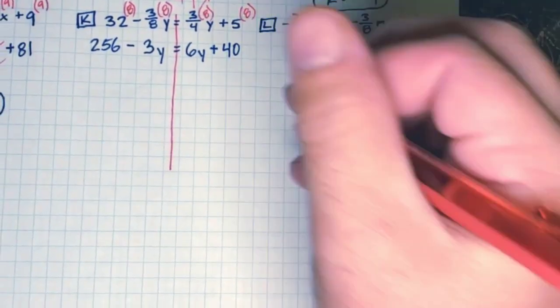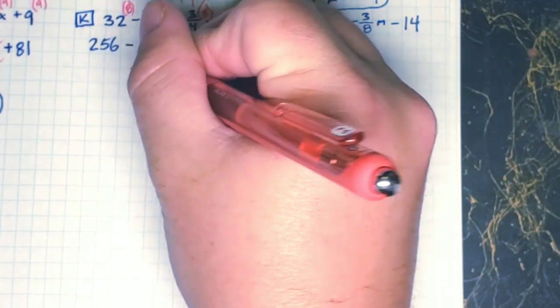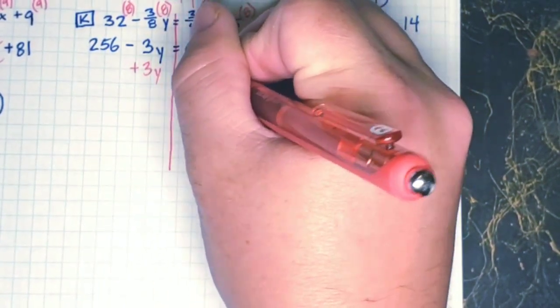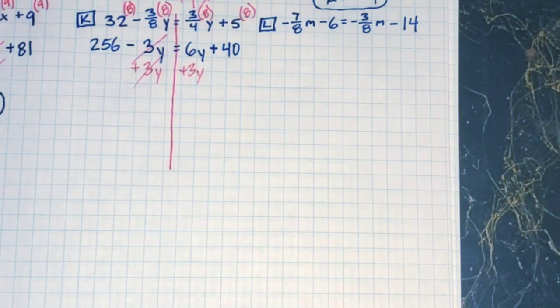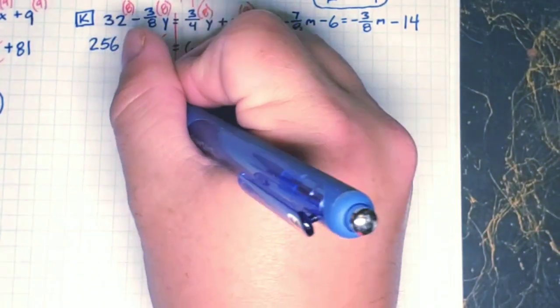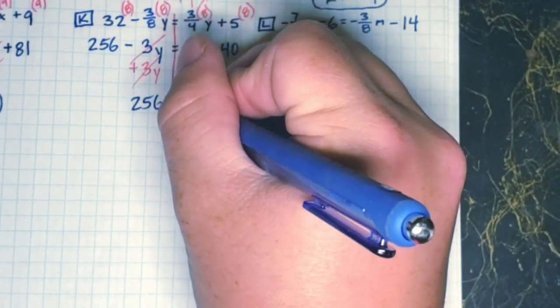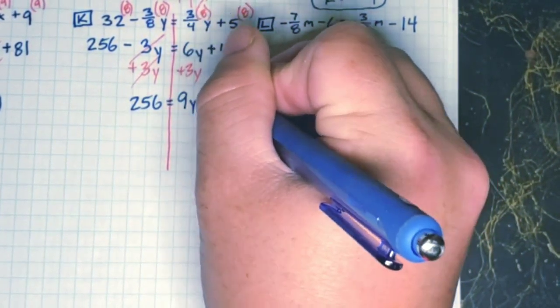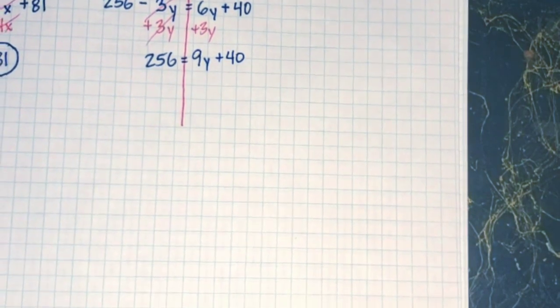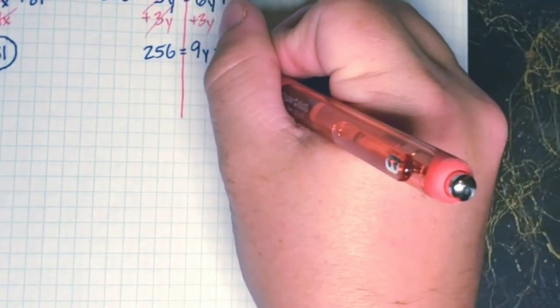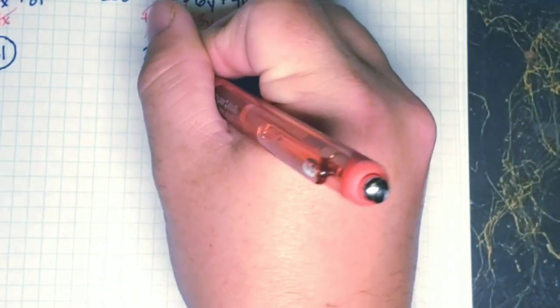So we're going to add 3y to both sides. That leaves 256 equals 9y plus 40. Then we need to subtract 40 from both sides.